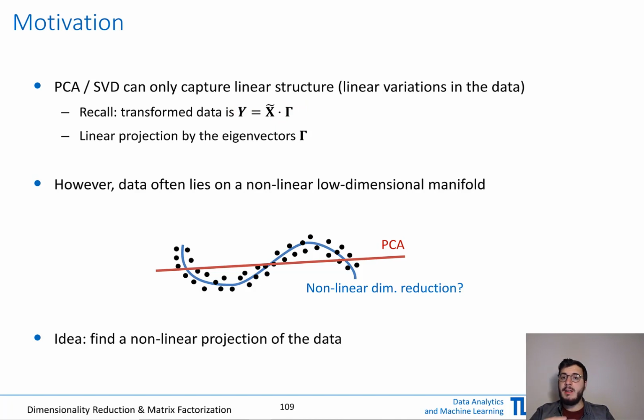And because we use a linear transformation, we can only capture linear variations in the data. The question is, can we use some different method to get a nonlinear dimensionality reduction technique? We've already seen one nonlinear dimensionality reduction technique, the t-SNE approach from before. But now we're going to take a slightly different approach using neural networks.